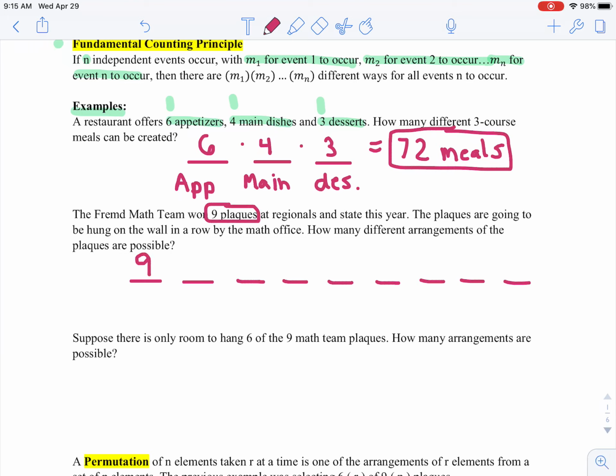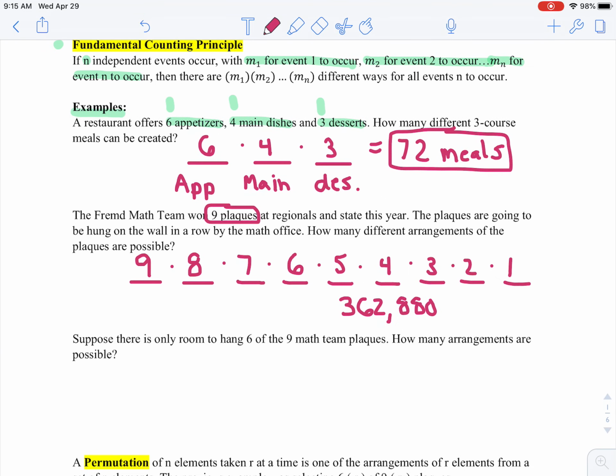Okay, so if you think about this first spot, I still have all 9 plaques to hang. So I would have 9 options. Then after I hang that one, there would only be 8 for the next spot. Then 7, 6, and each time there's less and less options for me to hang them. Okay, so if I go ahead and multiply that, you find out there are 362,880 arrangements for these plaques.